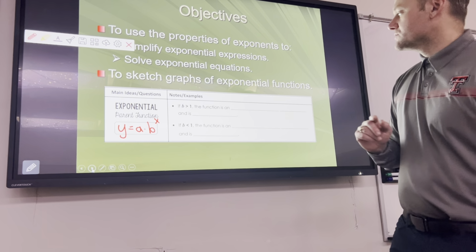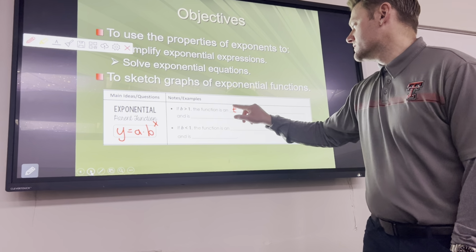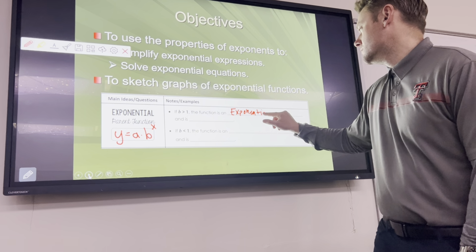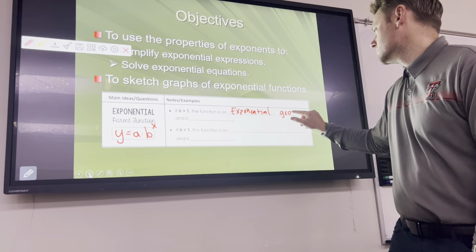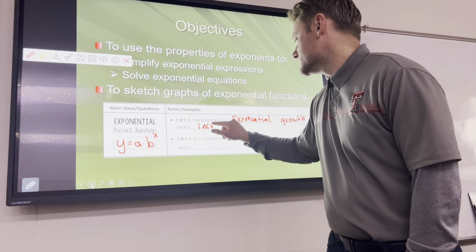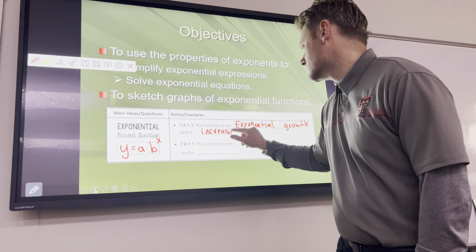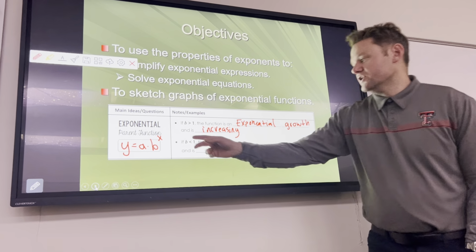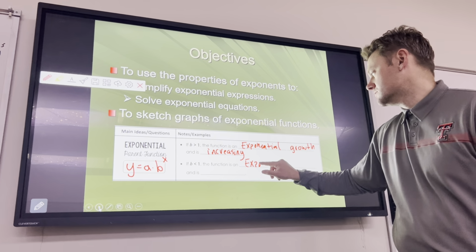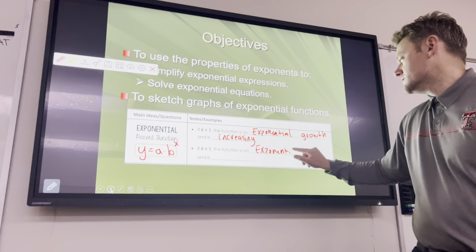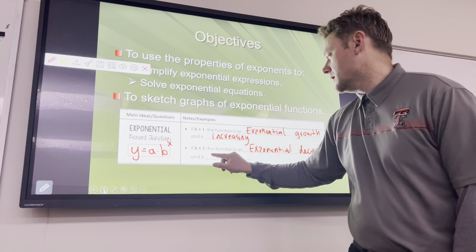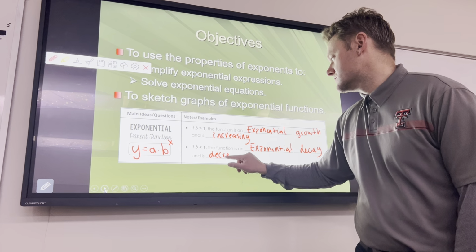If this b is greater than 1, this function is an exponential growth and is increasing. If your b is less than 1, it is exponential decay, and you have a decreasing function.